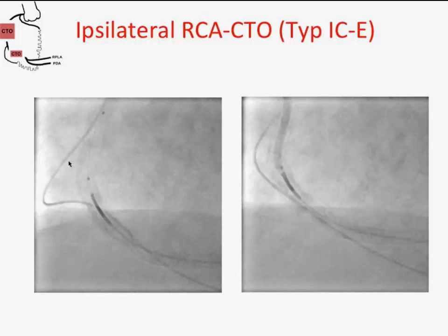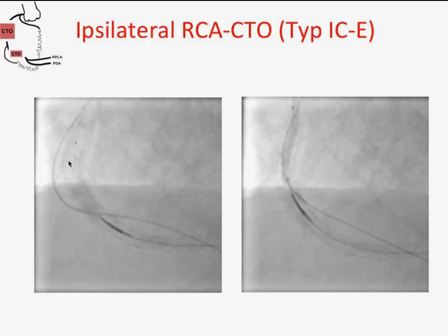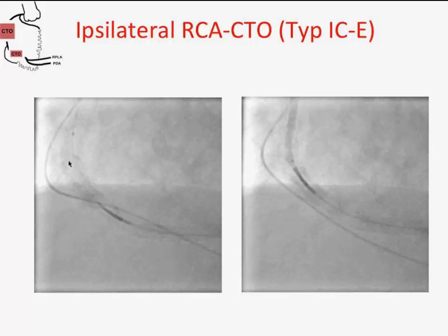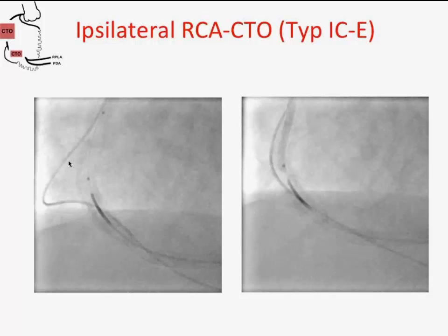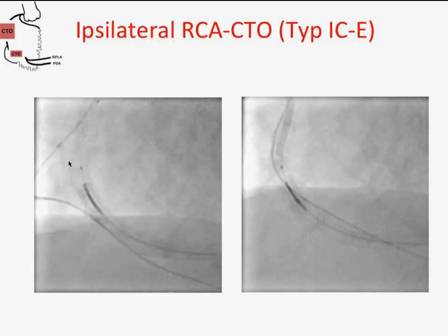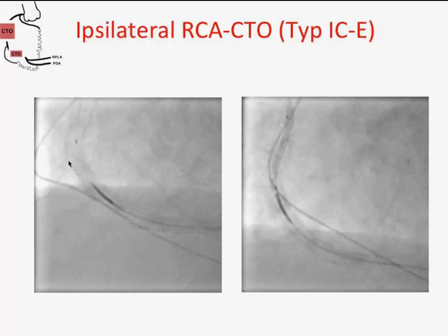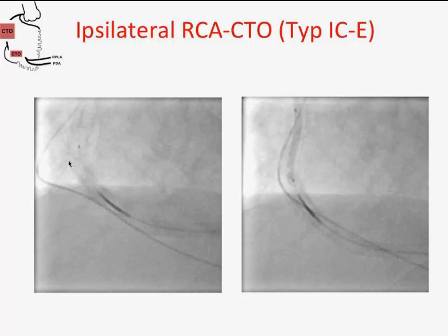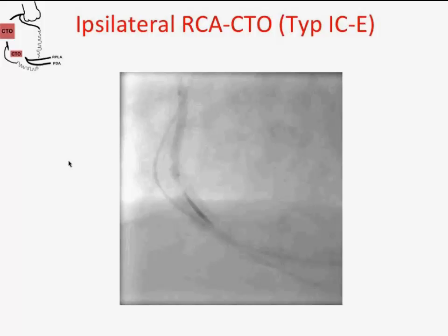Sometimes, when you can't bring the balloon antegradely anymore, it helps to modify the block with pushing on the retrograde microcatheter. So if antegrade balloon passage fails, you can modify the block with pushability on the retrograde microcatheter, as you can see here.